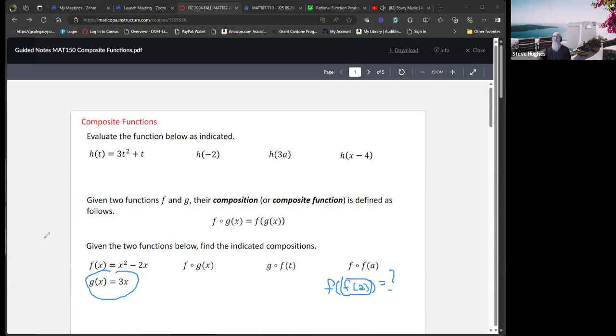So if I go back and look over here, I know that f of x is x squared minus 2x. That tells me that f of a is equal to a squared minus 2a.